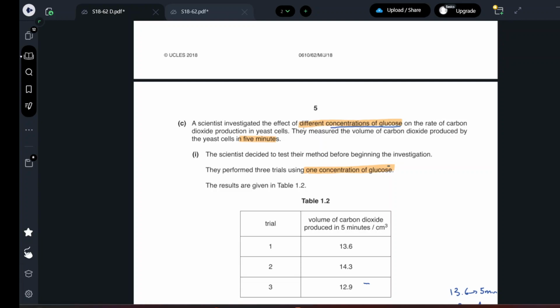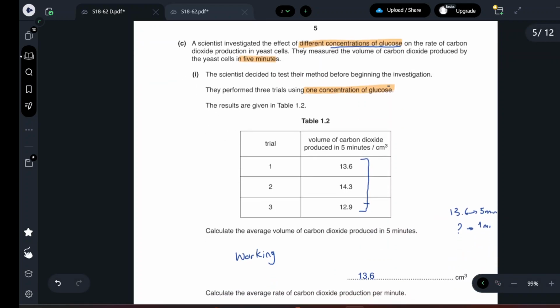How do we calculate the average? We add all the numbers together, the sum of the data over their number. So all of these added over 3. It will give me 13.6. This is the average volume produced in 5 minutes.